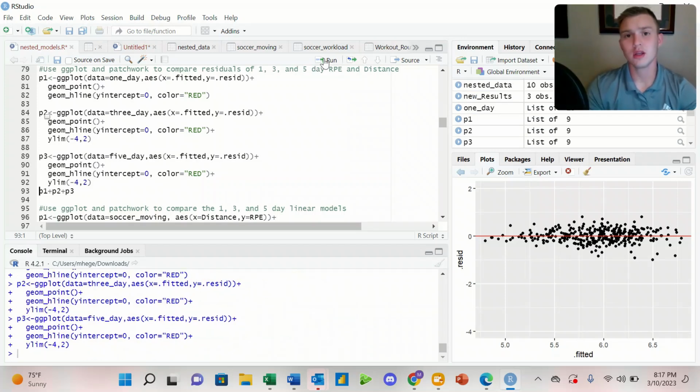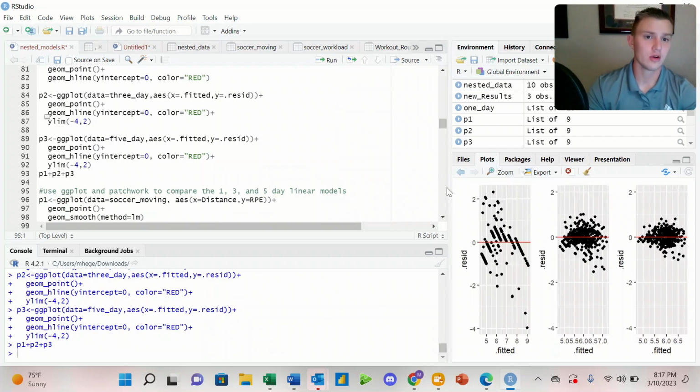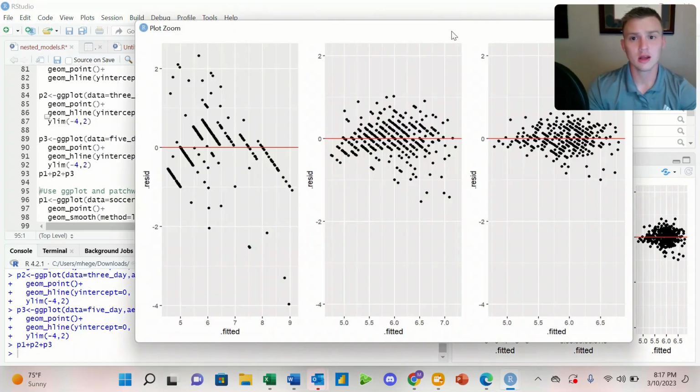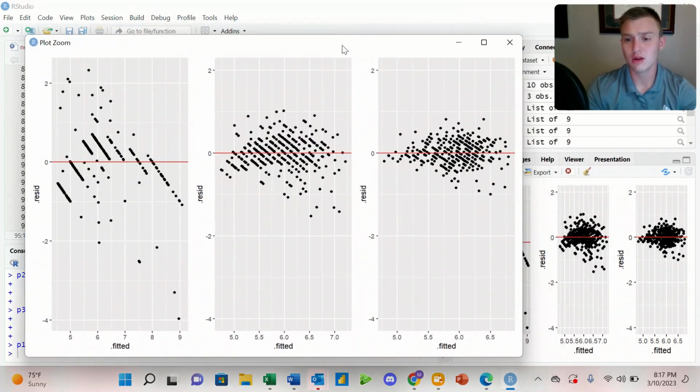And then all we're going to run is P1 plus P2 plus P3, and that's going to return our graphs side by side. And we can zoom in here, and it shows it a little bit better, and we can actually see that our 5-day fitted model is more fitted than the other two.